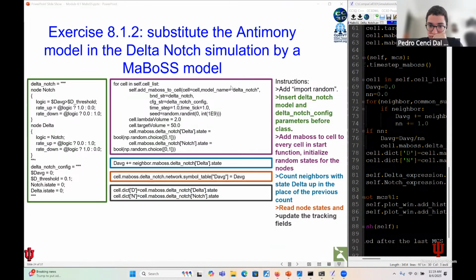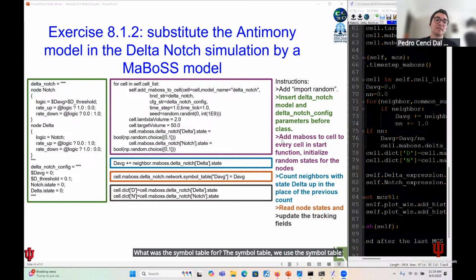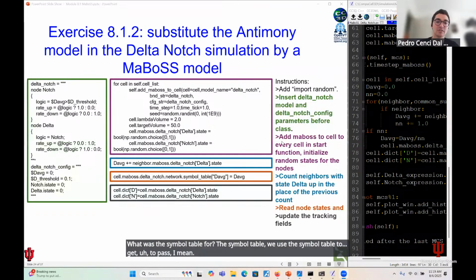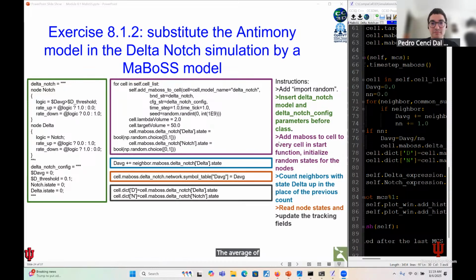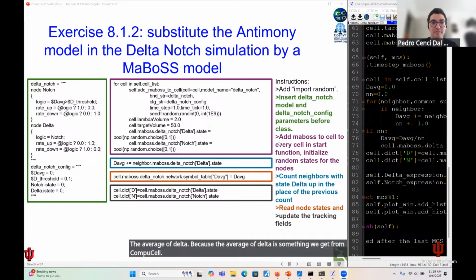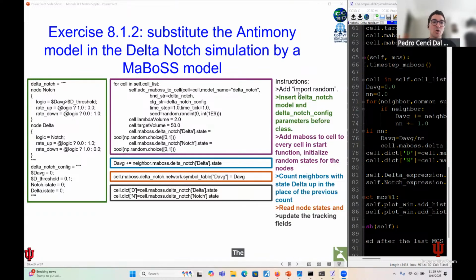What was the symbol table for? We use the symbol table to pass to the network the average of delta, because the average of delta is something we get from CompuCell. The MaBoSS network doesn't know about the neighbor cells. The delta notch network is its own entity.